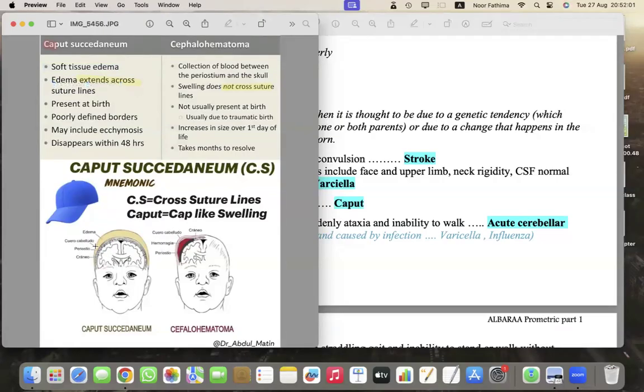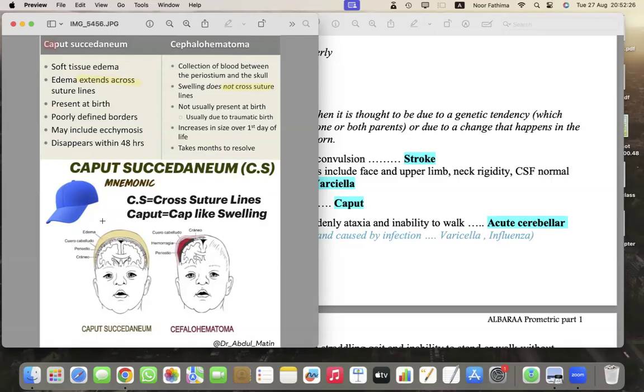Whereas cephalhematoma is a collection of blood between the periosteum and the skull. So it does not cross the suture lines, since the periosteum is elevated. But here the periosteum is not elevated.